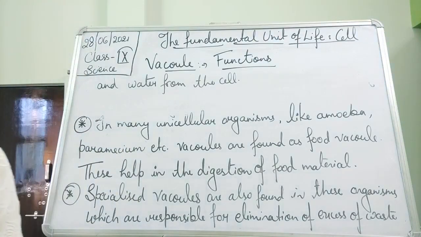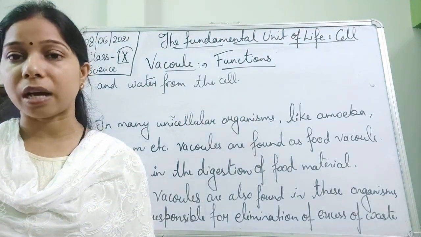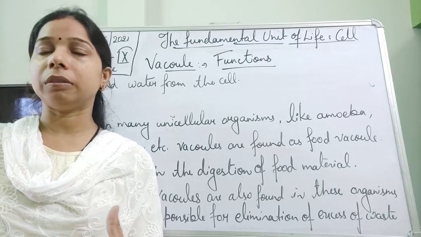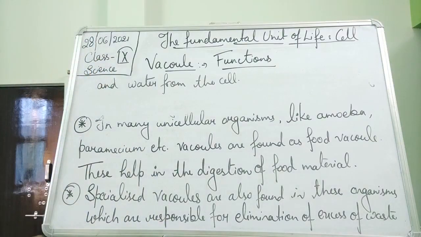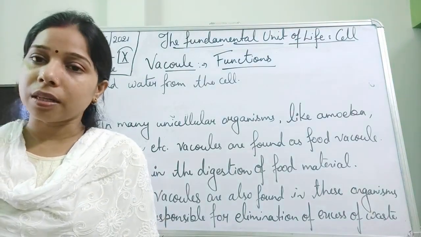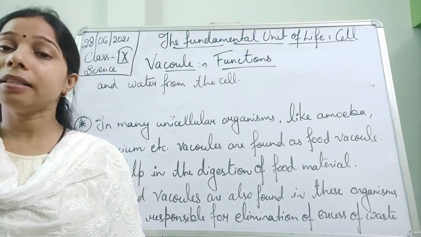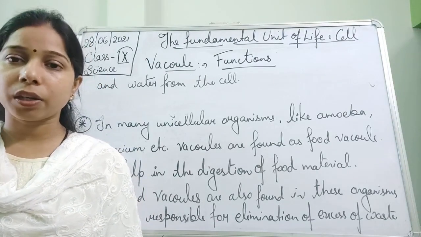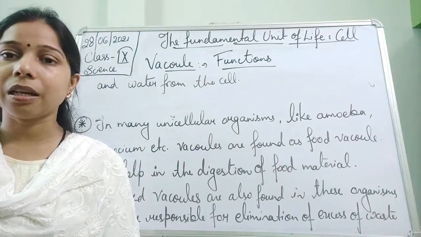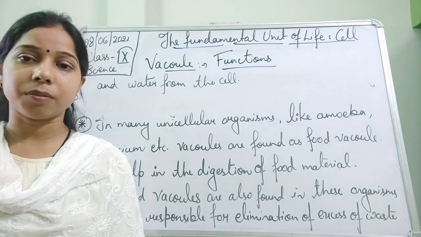Then it contains important minerals, salts and other soluble substances inside it. It helps in maintaining the concentration of salt and water in the cell, and it is present in unicellular organisms as a food vacuole where digestion of food happens. In such organisms specialized vacuoles are present, and these are responsible for eliminating the excess water and waste from the cell.